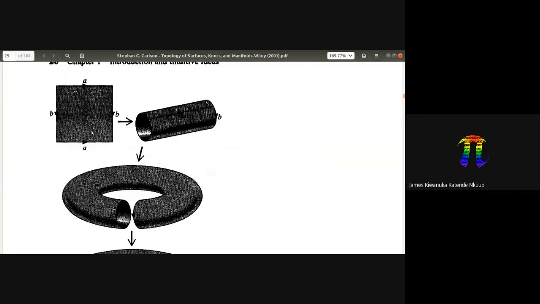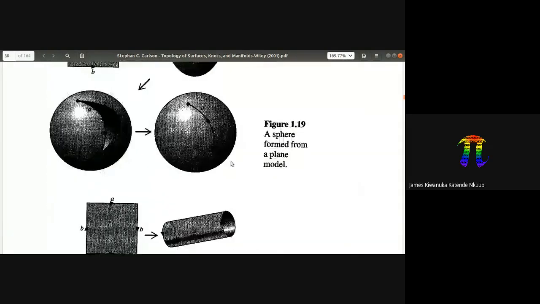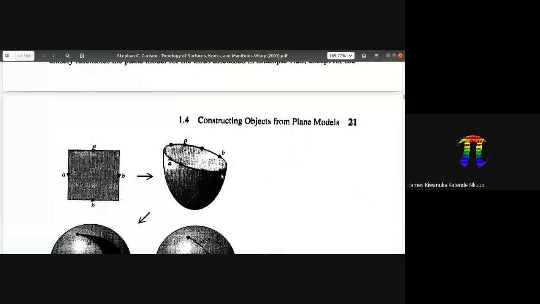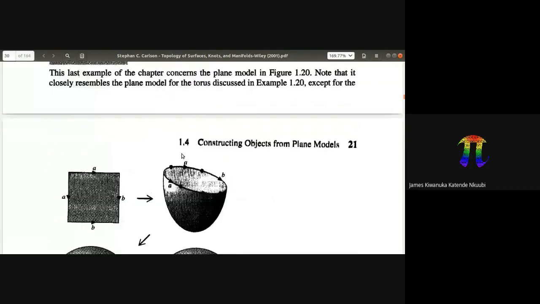So that's a plane model. Again, pay attention to the arrows. The arrows are really important in this. Then there's a construction of the sphere from the plane model. Again, pay attention to the arrows, and you will see that these arrows for the sphere point in slightly different directions than the arrows for the torus.